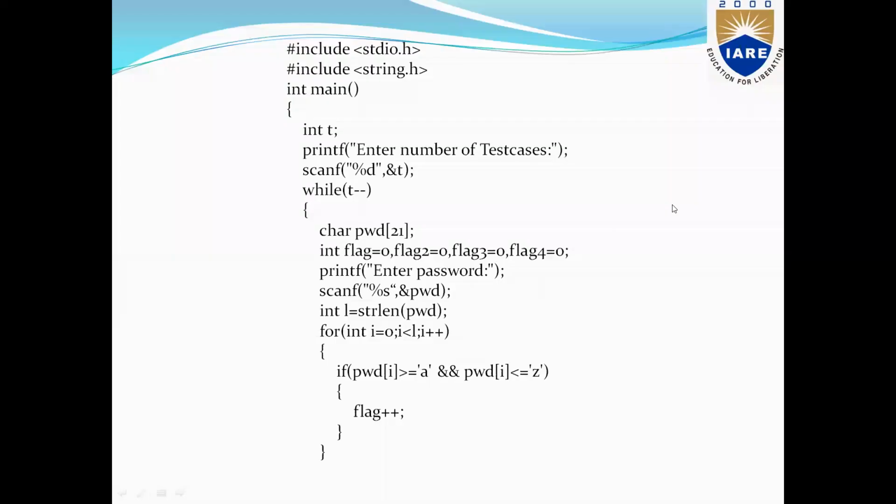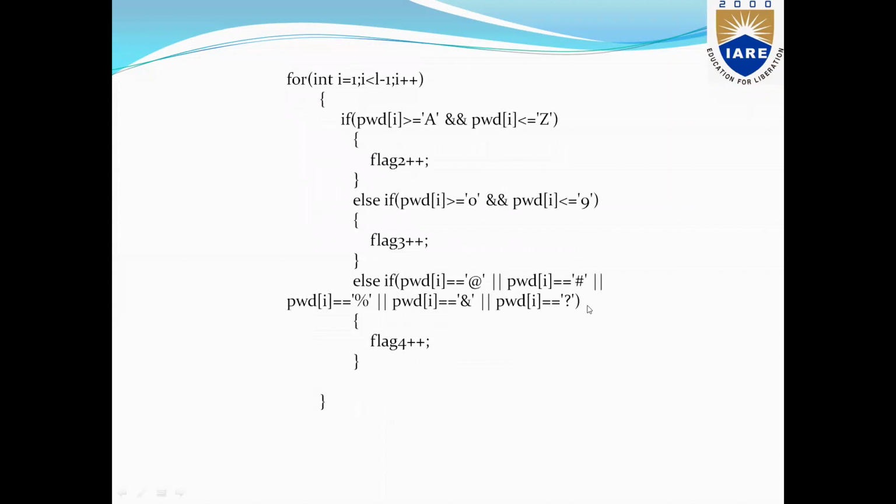Then we are taking a for loop. Initially we are taking i equal to 0 because we don't need a capital letter first. If the password character is between a and z, then the flag will increment. Then we are taking another for loop, int i equal to 1, i less than l minus 1, i plus plus. If password i is greater than A and less than Z, then flag 2 will increase.